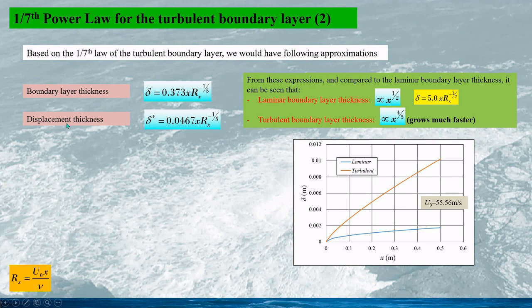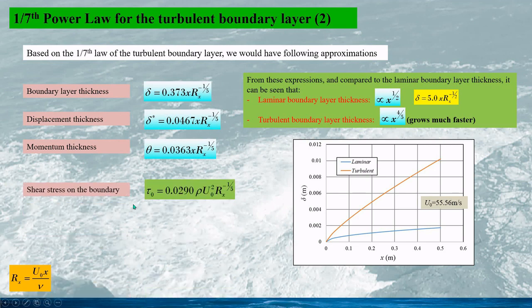And the turbulent displacement thickness is given by delta star as this, the momentum thickness theta as this, and this is one important parameter, the shear stress on the boundary tau 0, given by this. This is very important because when we need to calculate the friction velocity u tau, we must calculate tau 0 first. So this is the formula we might use for calculating the shear stress on the boundary.